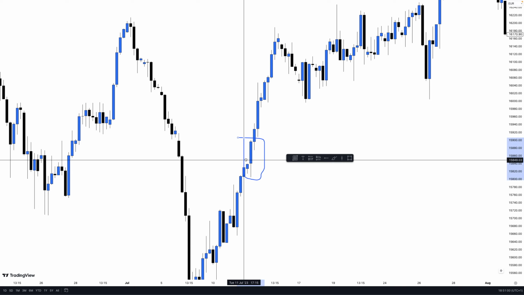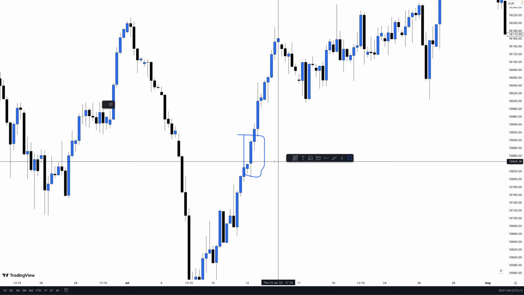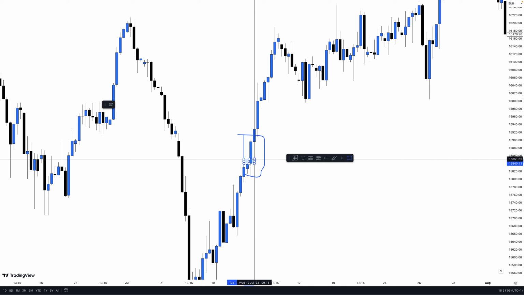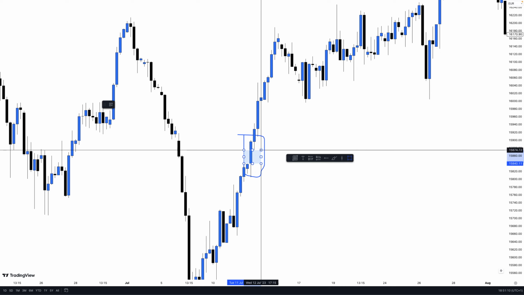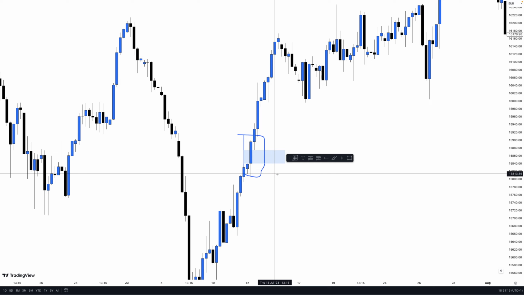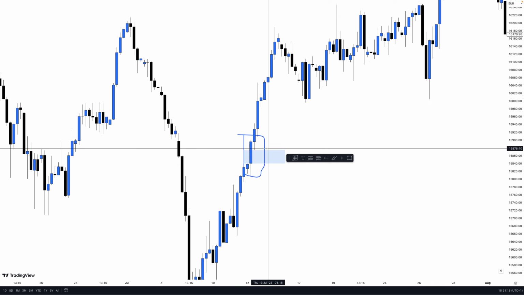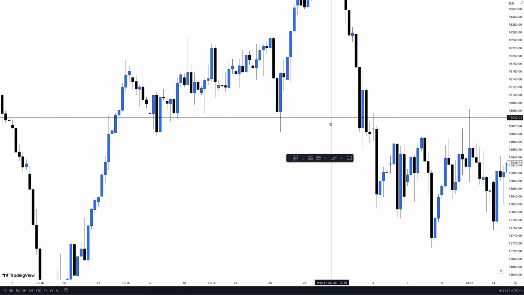Supposed to put it here. There we go. These 3 candles here. 1, 2, 3. But top of the left hand side of the middle one, to the right hand side of the bottom wick of the middle candle. So this would be your imbalance right here. This is for a bullish fair value gap. So we can move on to a bearish one now.